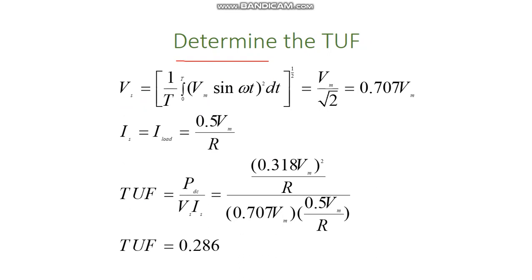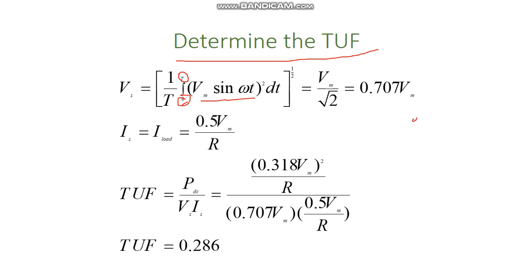The next is to determine the transformer utilization factor. Its RMS value is Vm sin omega t, whole square, integrated over its time period from 0 to T. See that the time period for this one will be different from that for the waveform we obtained for our output DC voltage.